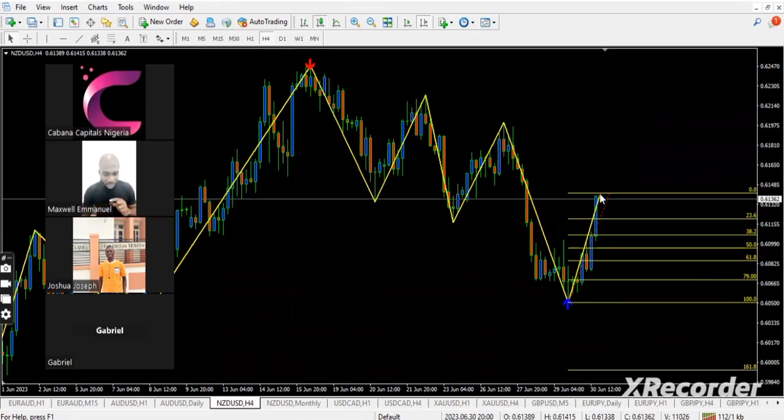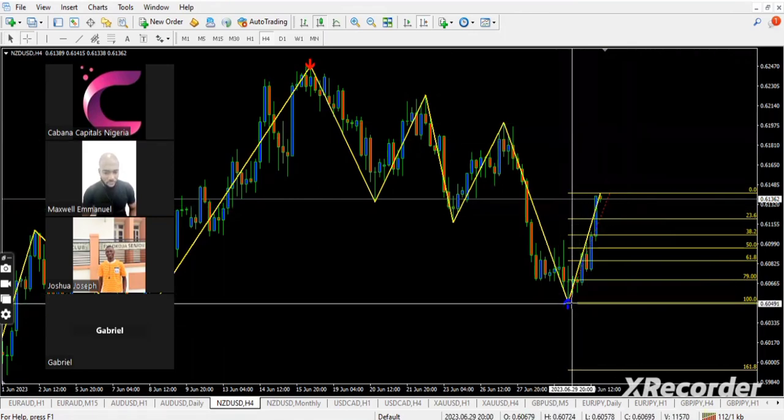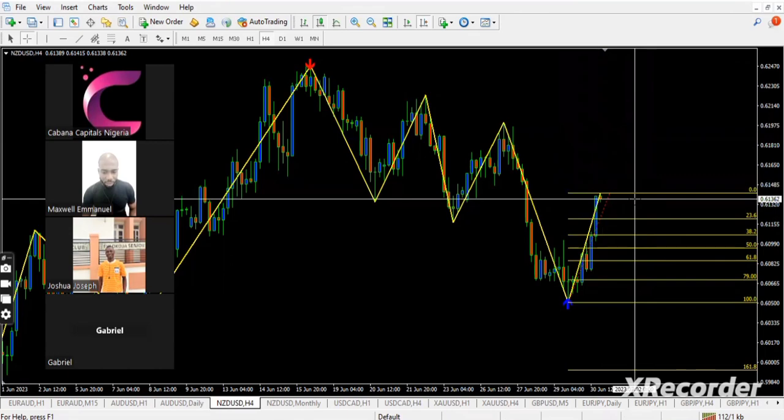If you jump in here, your risk will be very high because this would have been the best place to set your stop loss. If you are buying from this price, you'll be taking a risk close to 85 to 86 pips. Yes, you can decide to set your stop loss maybe 30 or 40 pips below your entry price. But the thing is, they can easily hunt for your stop loss.